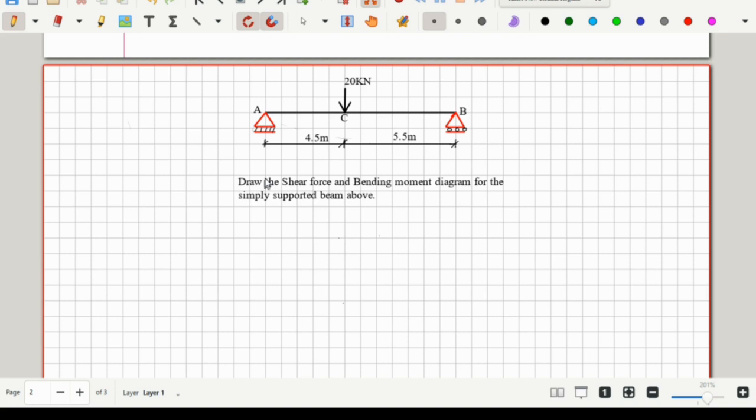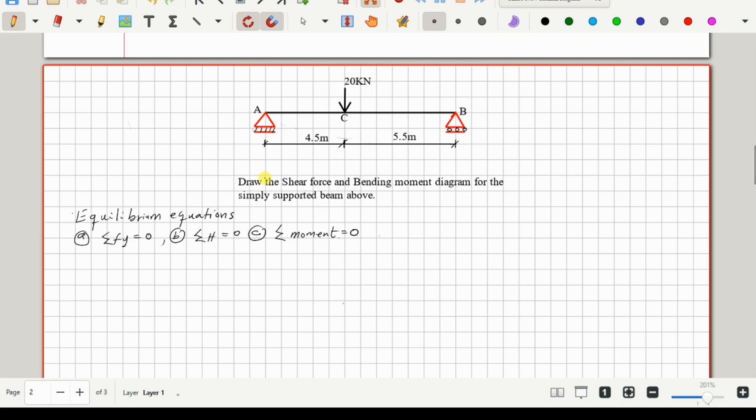And then finally, we'll consider the moments about the supports also being zero. So we'll consider three equilibrium equations. A, summation of Fy must be zero. B, summation of horizontal forces must be zero. C, and then finally, summation of our moments must also be zero.